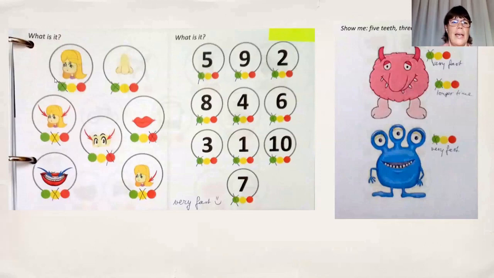And they answer. And my really quick way of taking notes on how they answered: green, without any problem, right away. Yellow, I had to help a little bit, usually with the first sound of the word. And the red one is, they didn't react to it.